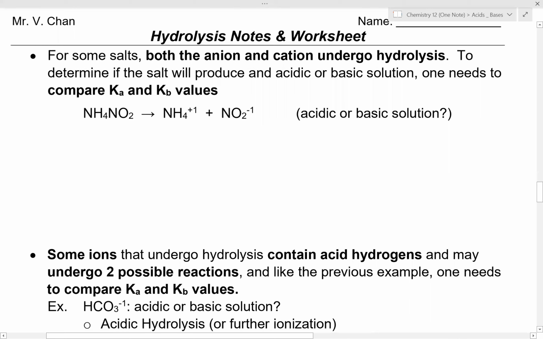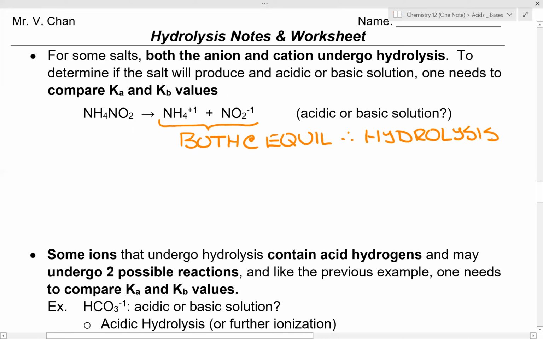What do I mean by this? So let's say NH4NO2. Both of these will hydrolyze, so both are at equilibrium. Since they're both at equilibrium, therefore, there would be hydrolysis. So now we take a look again at the reactions.